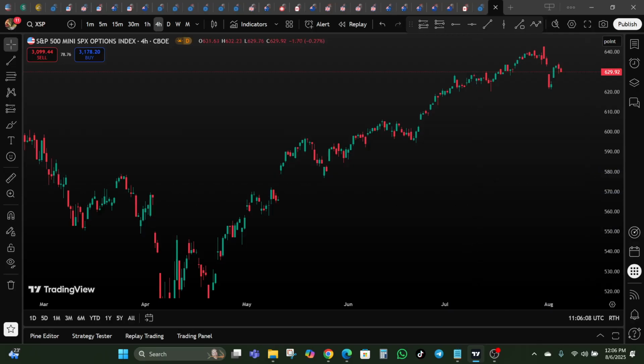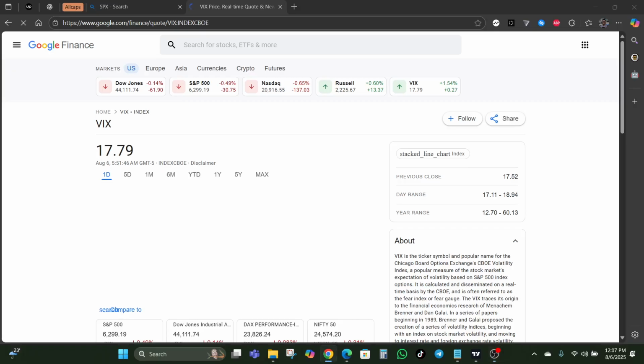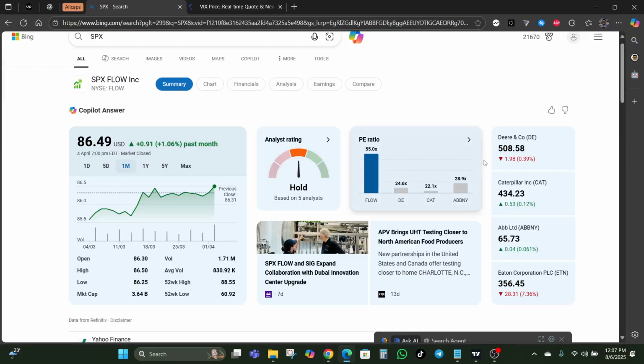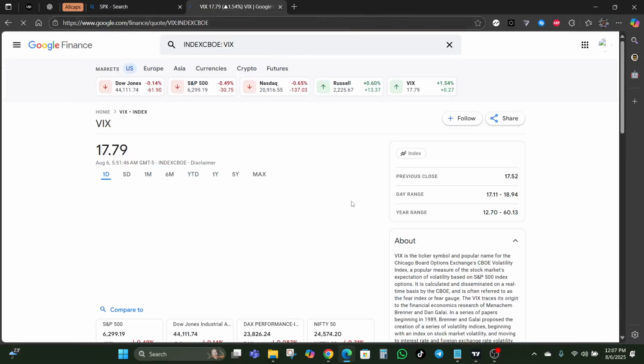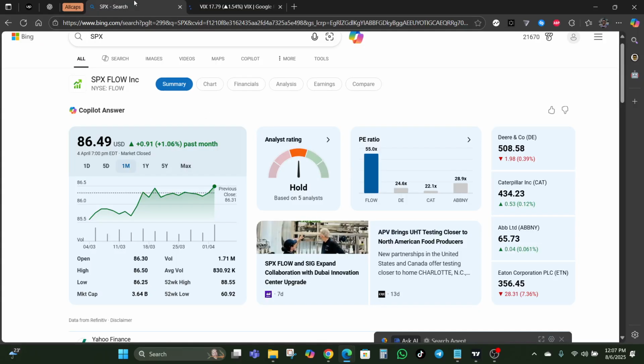Let us do a little search on VIX and SPX. Like I said, if VIX is dropping while the SPX holds a gap, you should be considering a bullish thesis.